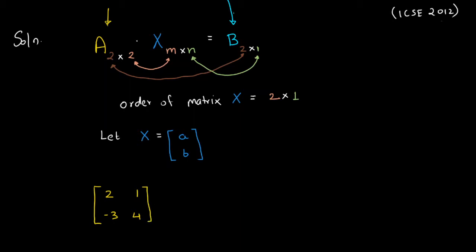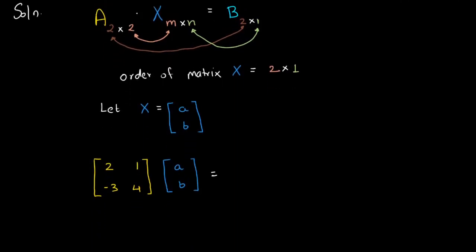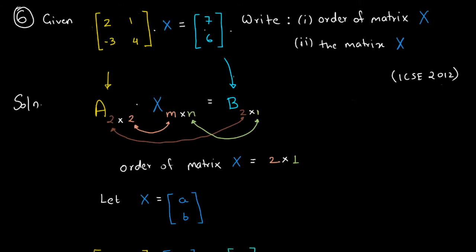That's the given matrix for us, into the matrix X, which we've taken as A and B. This is equal to what they've given to us as 7 and 6. This is what they've given us over here in the question. All we've done is we've substituted these values for X and Y, and we've got the answer.